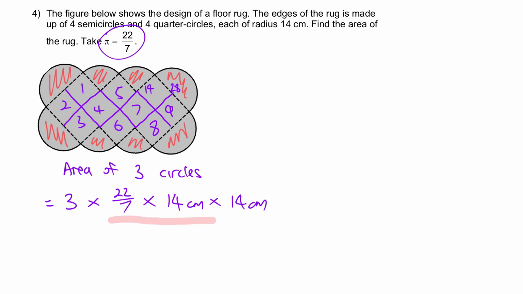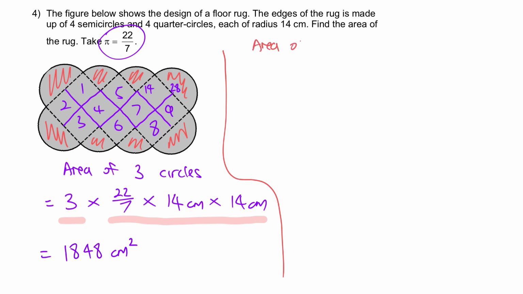Again, this gives us the area of one circle, so we need to multiply it by 3 to find 3 circles. 1848 cm square.